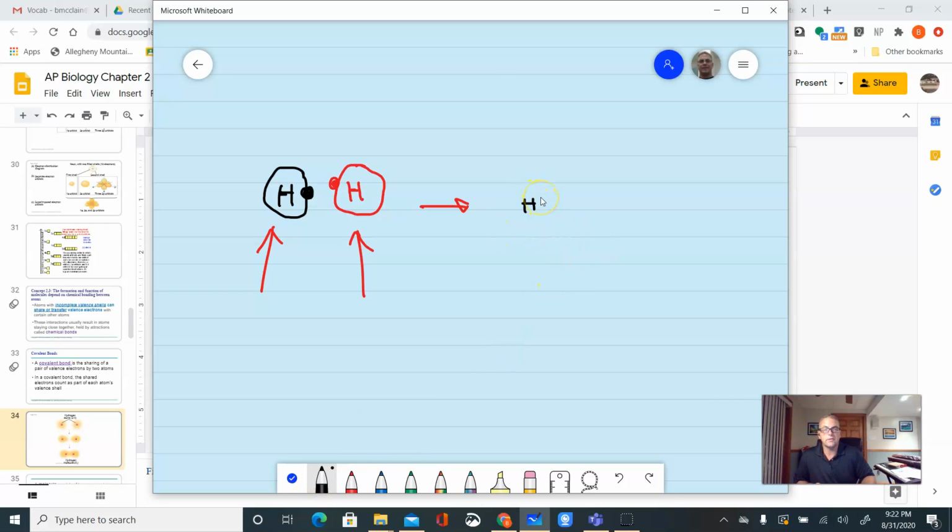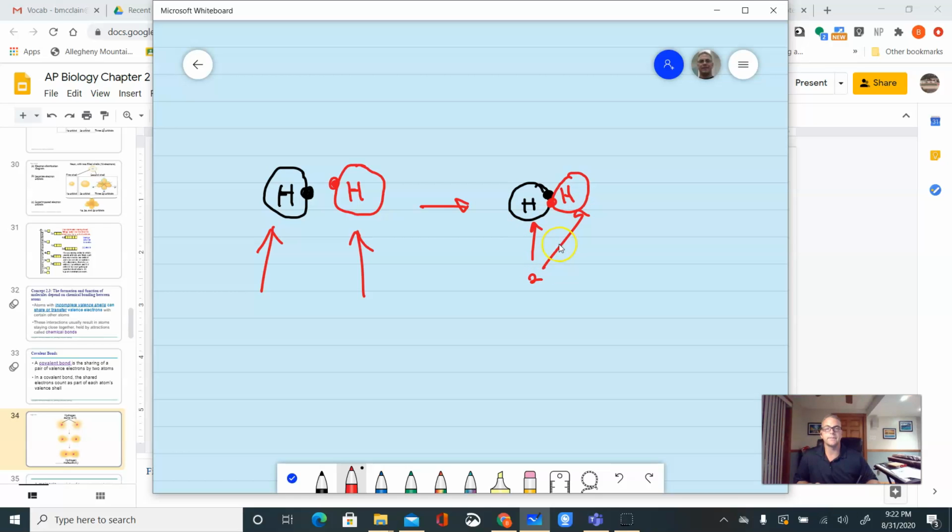So you've got a hydrogen with that single electron right here, and then we have the other hydrogen, and these shells overlap like that. So if we take a look at it, the two electrons that are needed are either here or here.